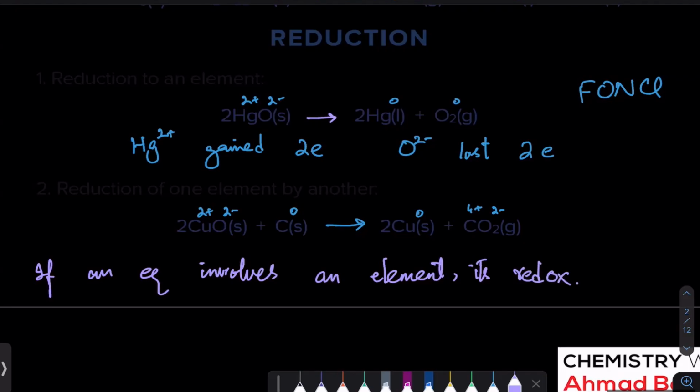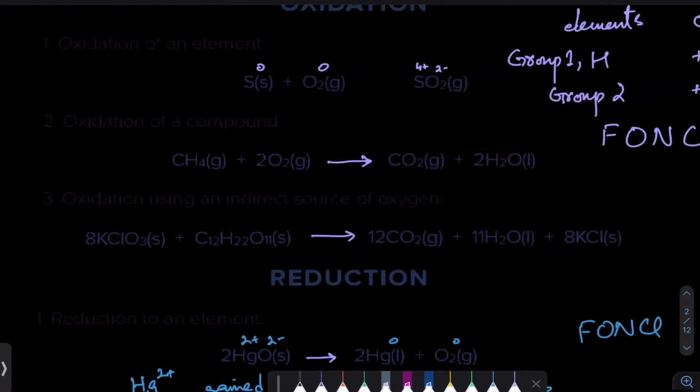So for example, here you can see carbon है, element है, ये redox reaction है. यहाँ पे oxygen element है, redox है. यहाँ copper element है, redox है. अच्छा, यहाँ पर oxygen element है, redox है. यहाँ oxygen element है, redox है.